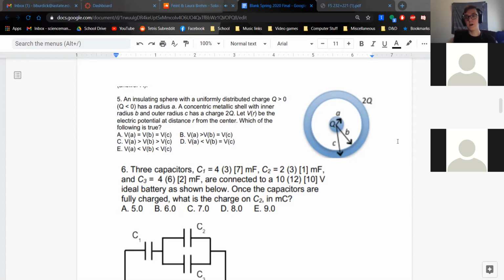Yeah, so the reason that VB is equal to VC is that we know the E field inside of a conductor, so a metal, is equal to 0, right? So we said that in the last question. If the E field is equal to 0 inside, you can't have any sort of net force, right? If I'm a charge sitting inside of there, I'm not going to feel any net force due to the electric field.